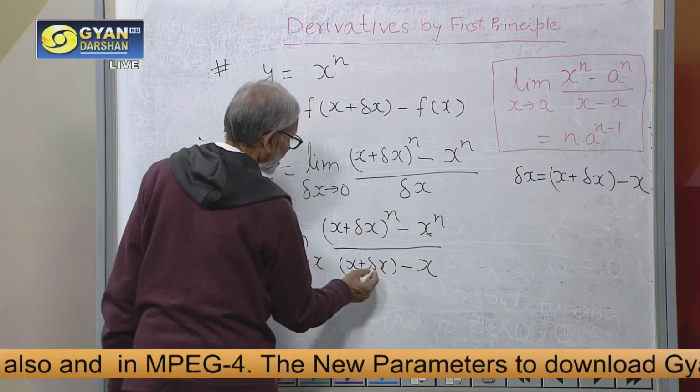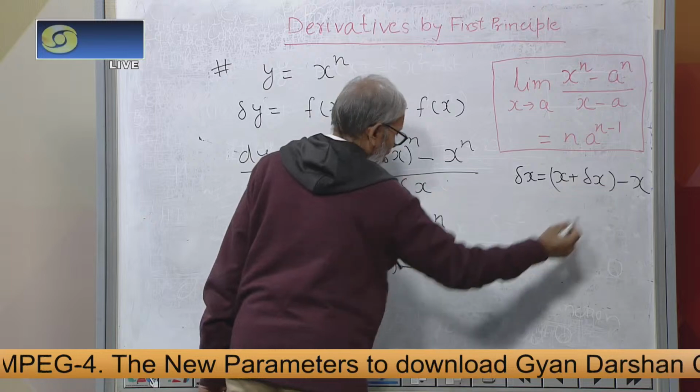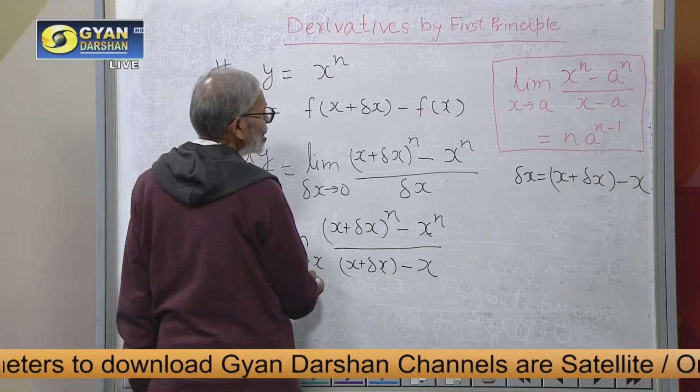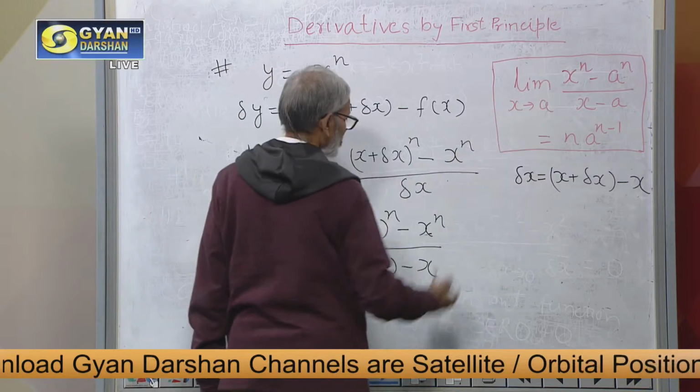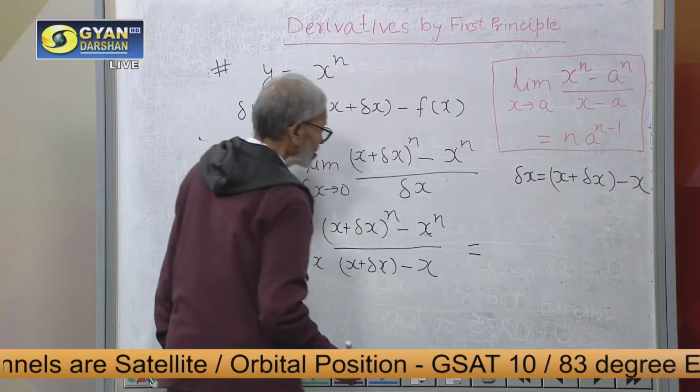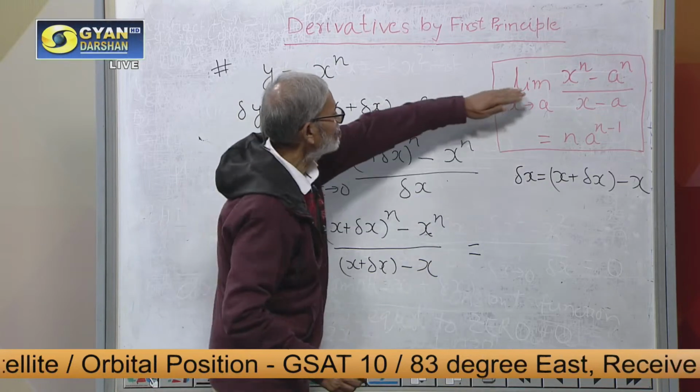We can write delta x as x plus delta x minus x. So if you see this formula, this is in this form, so we can write its value from this formula.